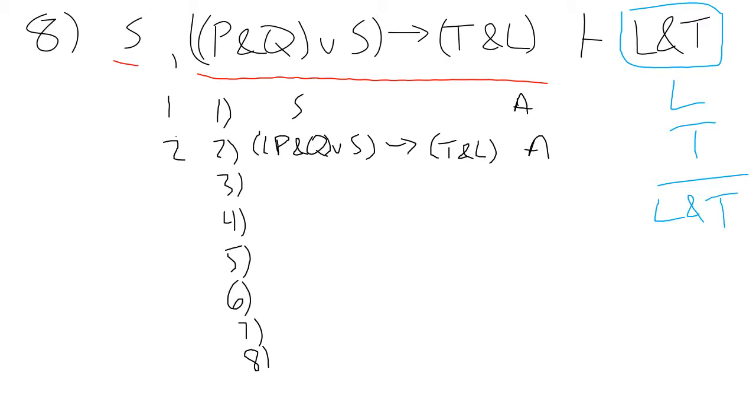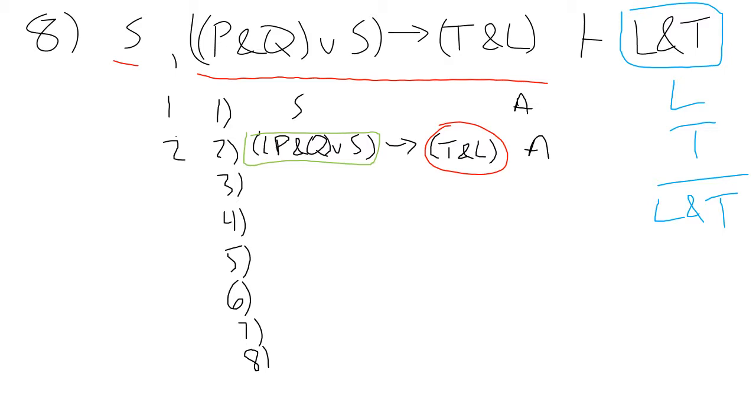Well, what do I have? I have a single letter by itself in the first assumption, and then I have this conditional statement here. And look, my T and L are on the right side of that conditional statement. So I've got to build the antecedent to that conditional statement in order to free up the T and L. So let's look at the antecedent.